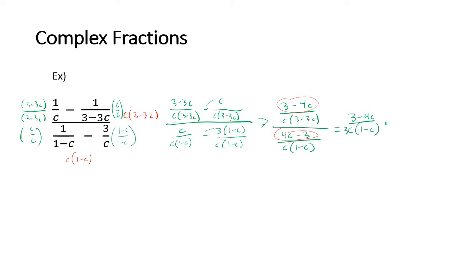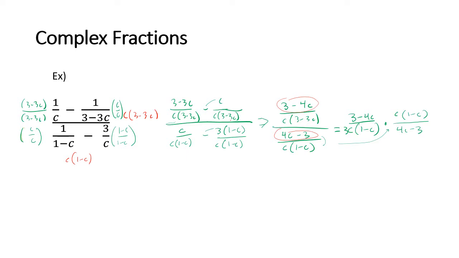And then the denominator, if we flip it, would be c divided by 1 minus c. And the denominator of this new fraction is 4c minus 3. Okay, now we're not quite done here, but we can be done pretty soon.